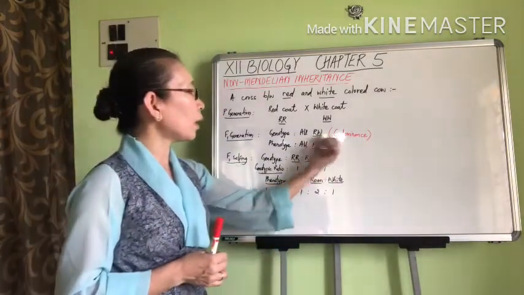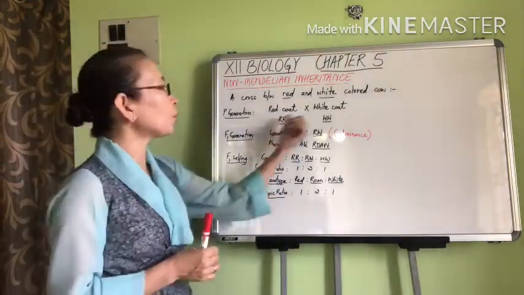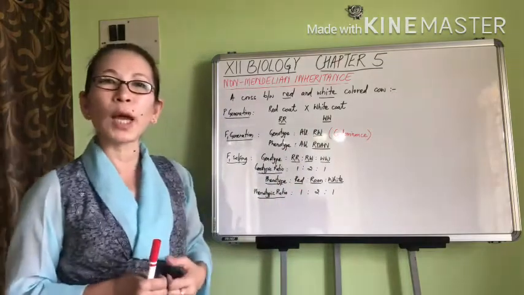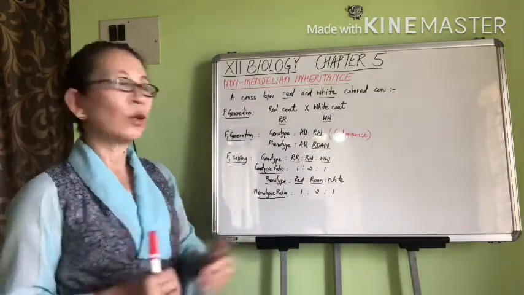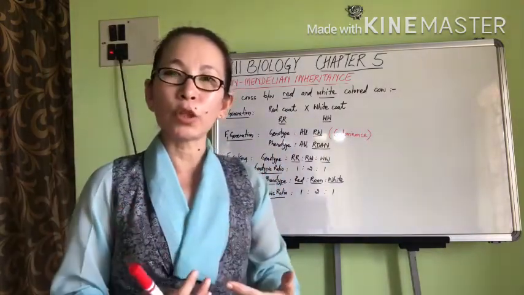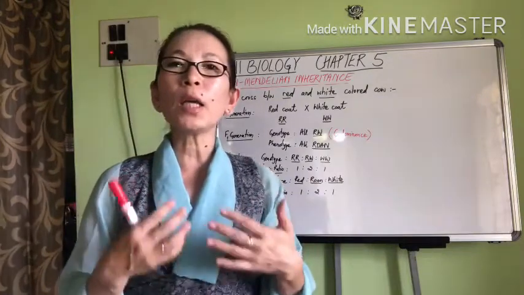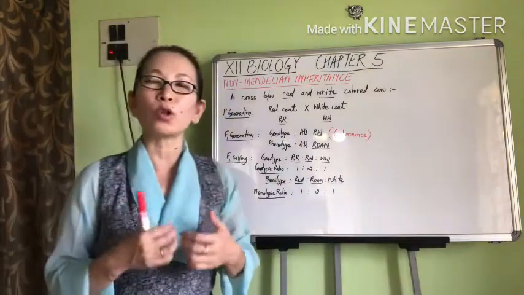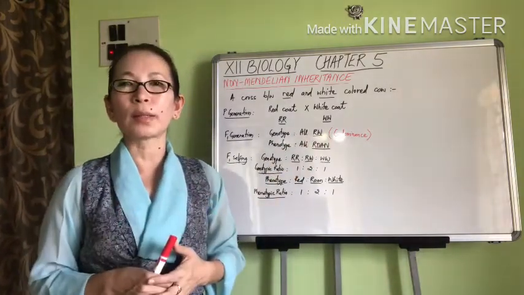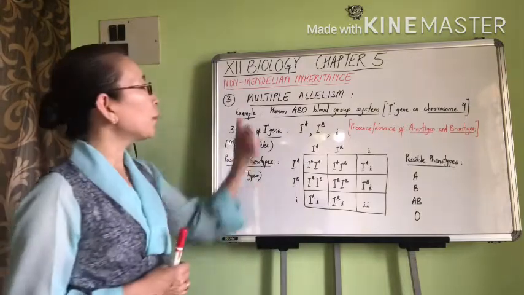And hence you have a new phenotype, but it is a phenotype which has both of the phenotypes of the parental cows. Such inheritance is known as codominance, where capital R, the red, is able to make its complete expression in the presence of capital W, which is white. So both of these are dominant and both are equally able to express themselves in the presence of each other. So we have expression of both of the alleles, and this is called codominant. The third deviation that I would like to discuss here is multiple allelism.